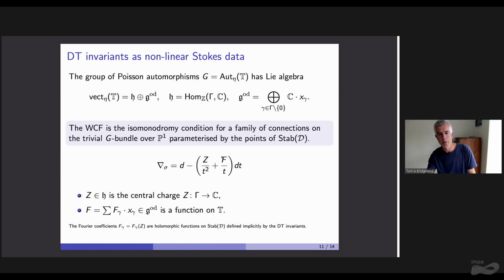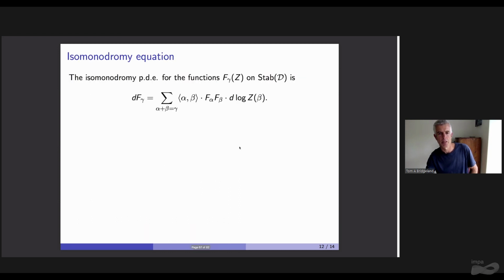And if you want the Stokes data to be constant, which is really what this wall crossing formula is telling us, then this function f has to vary as a function of z, in a very special way. And that is controlled by something called the isomonodromy equation. And in this setting, that comes down to this equation, okay?